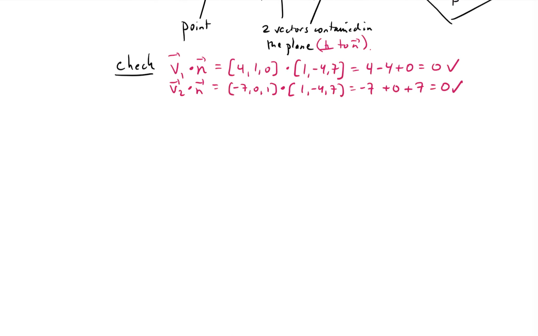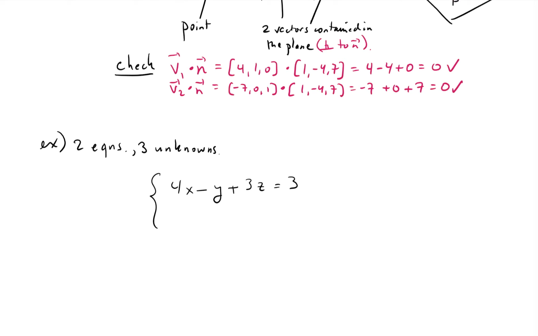Now I want to look at a second example. Here I've got two equations and 3 unknowns, 3 variables. So here's the system. 4x minus y plus 3z is equal to 3. 4x plus y plus 9z is equal to 5.